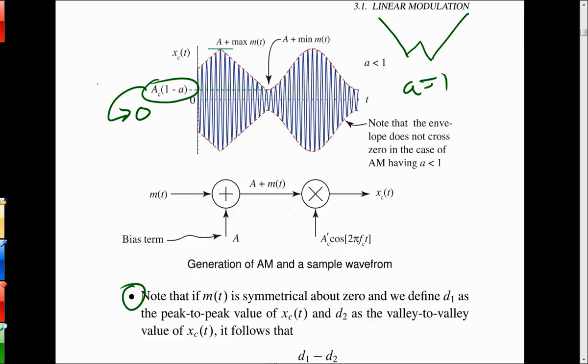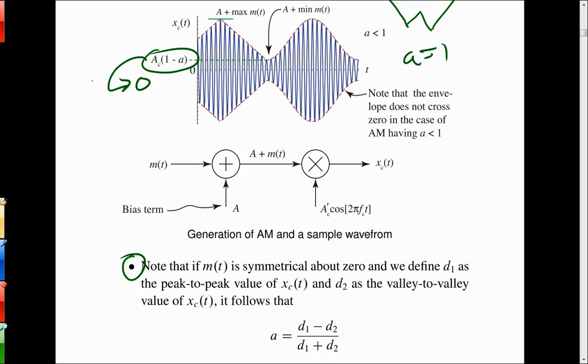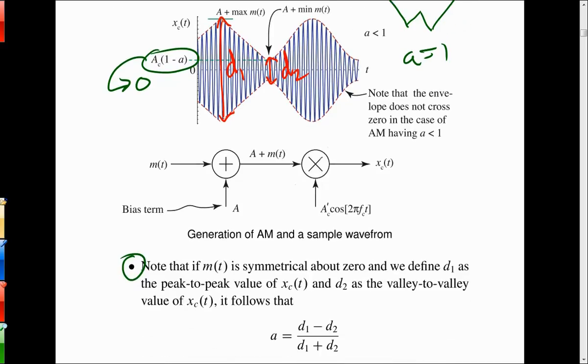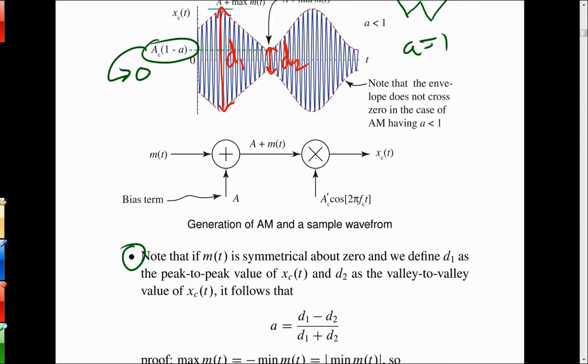It just says you take the peak to peak minus the valley to valley. So peak to peak is measuring this guy right here. That's D1, and then D2 is coming in and making that measurement. When you form that ratio, that's the modulation index.